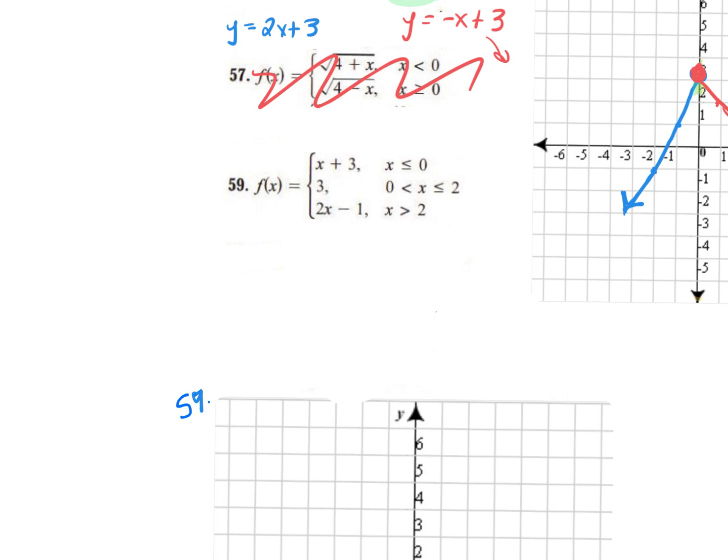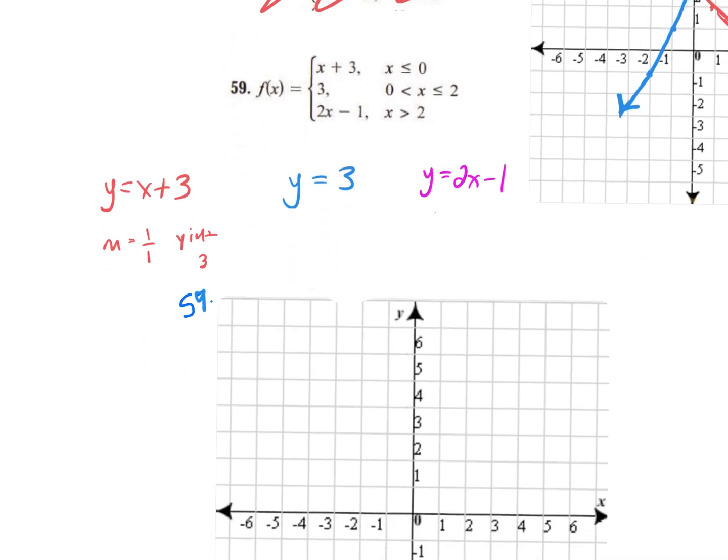I have y equals x plus 3. I have y equals 3. And y equals 2x minus 1. Okay, so y equals x plus 3. My slope is 1 over 1, and my y-intercept is at positive 3, correct?